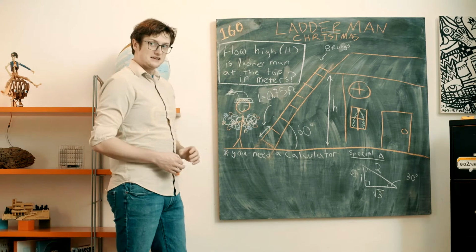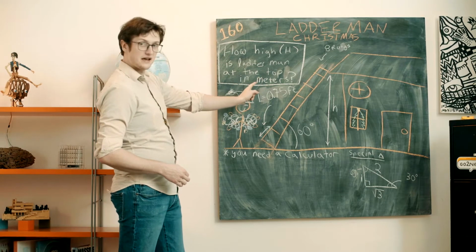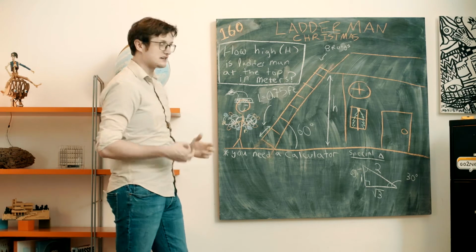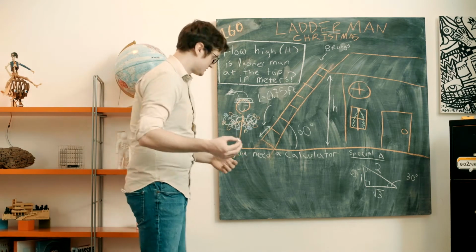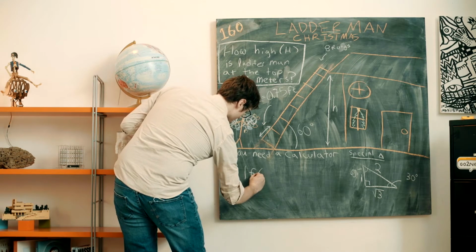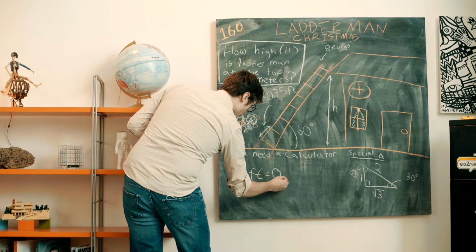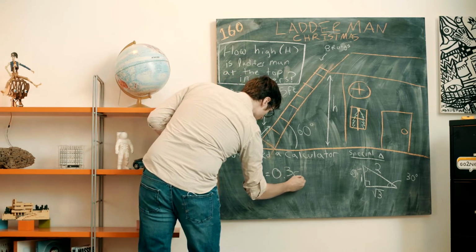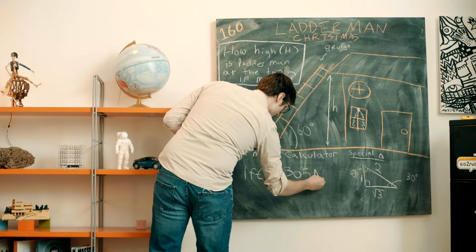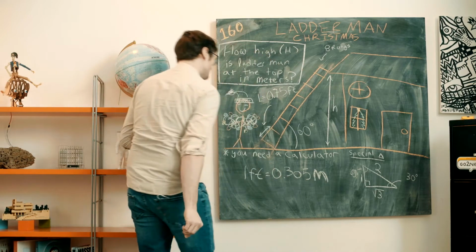Now, lastly, we want to know how high is Ladderman at the top of the ladder in meters. So we need the conversion from feet to meters. 1 foot is approximately equal to 0.305 meters, denoted with a little m.